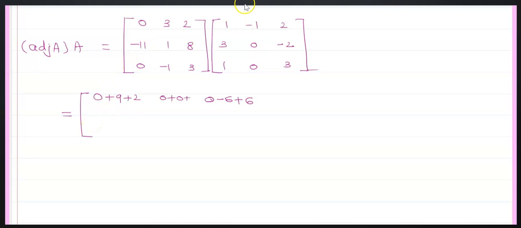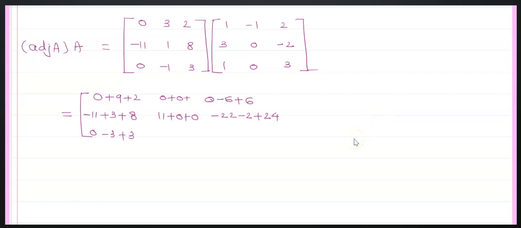Now the second row, first column: minus 11, 3 and 8. Next is 11, 0 and 0. And the last is minus 22, minus 2, 24.